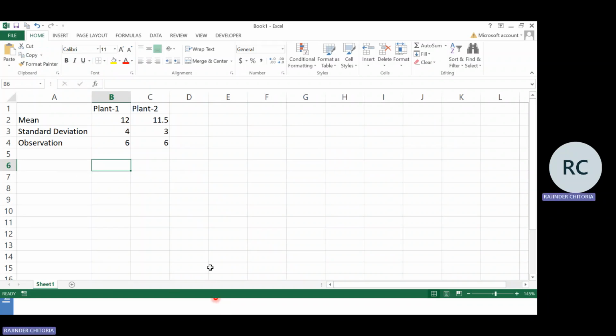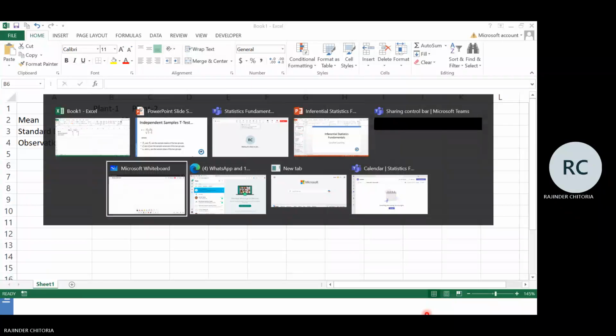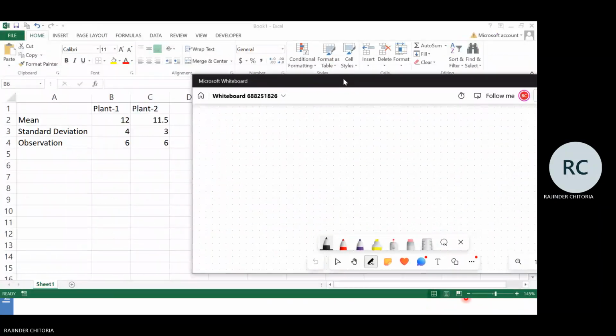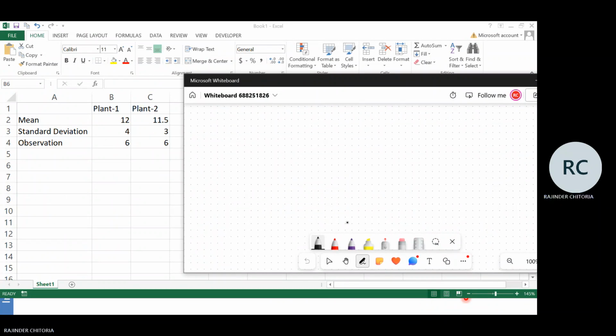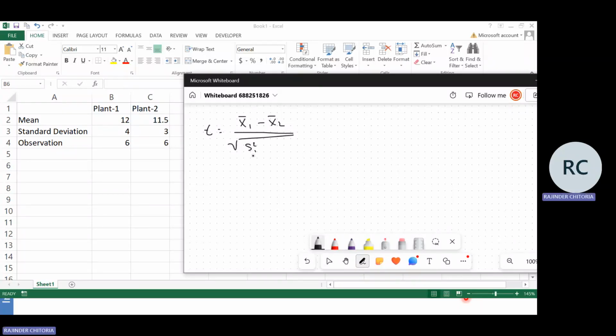I'll go back to my whiteboard to run this use case. The formula is t equals mean 1 minus mean 2, divided by the root of standard deviation first squared divided by number, plus standard deviation second squared divided by number.